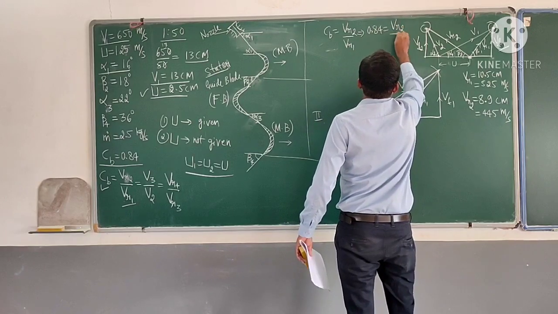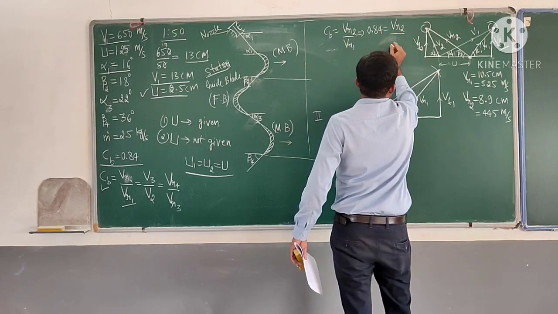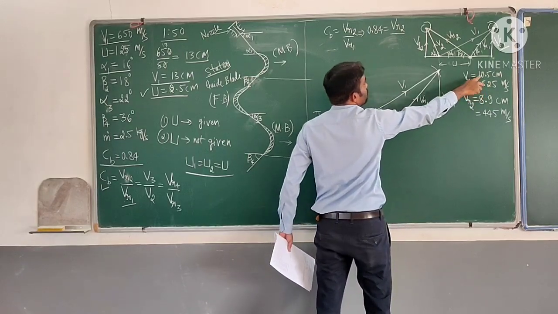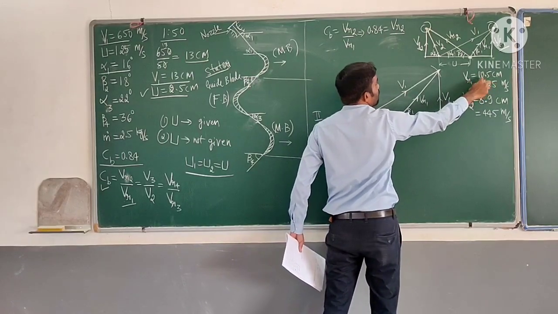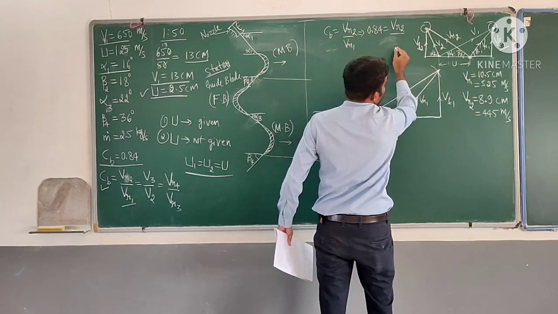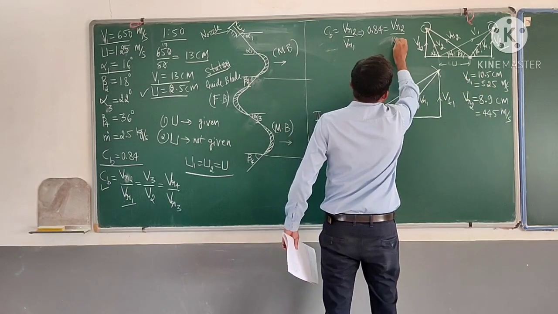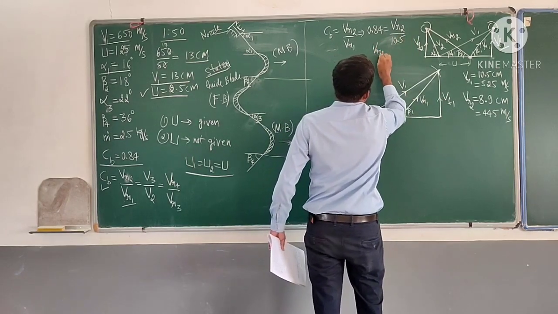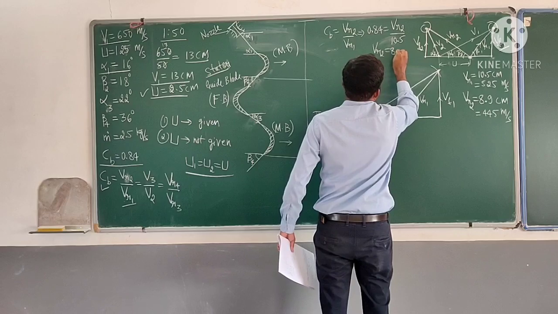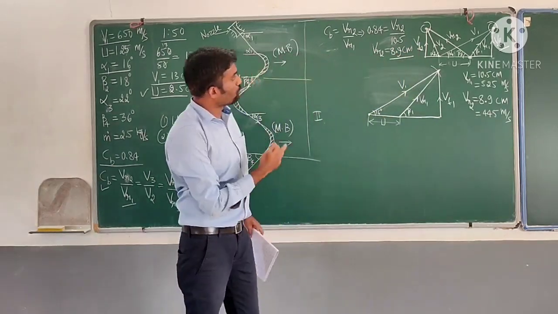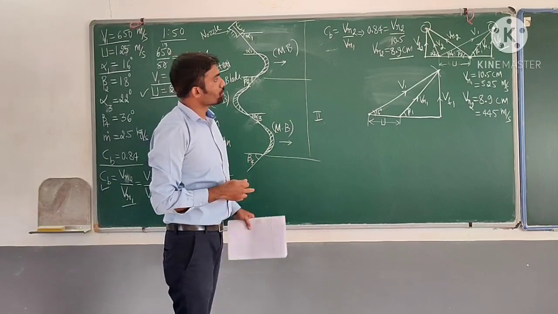I don't know the value of VR2, but I know the value of VR1. I can substitute this or this. If I substitute VR1 in centimeters, I will get the answer in centimeters. So I can do whichever is easy. I will substitute this, then I will get the value of VR2, which comes out to be 8.9 centimeters. So this you can also solve and confirm the answer.